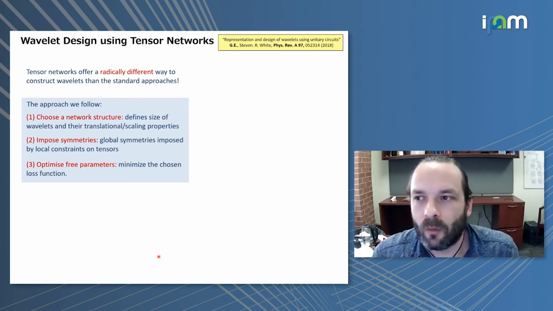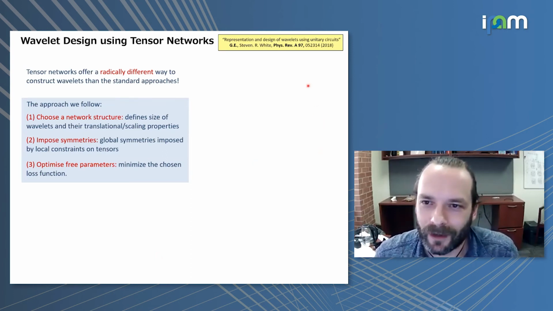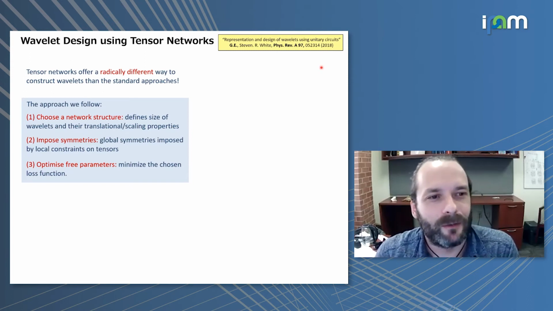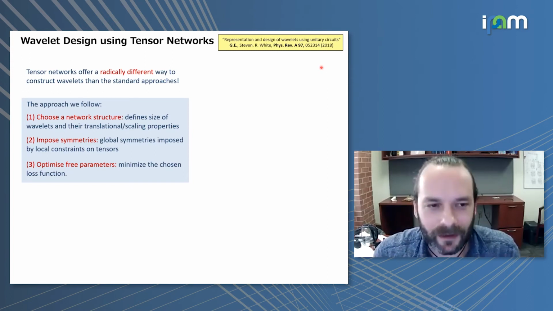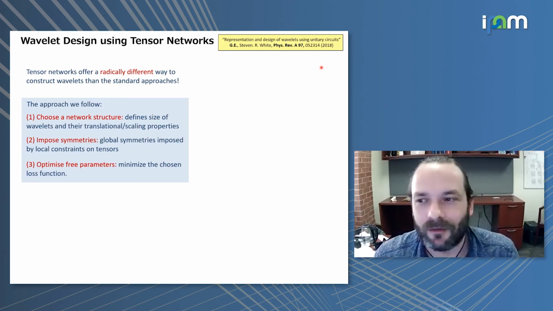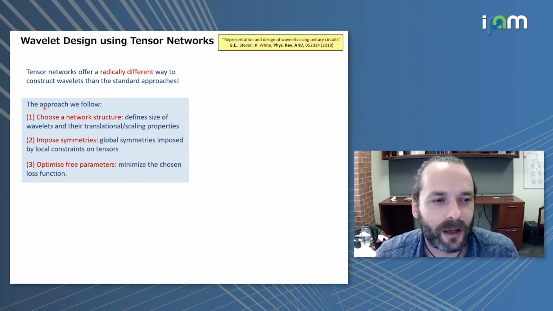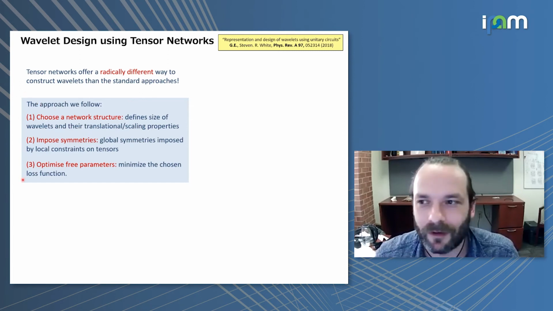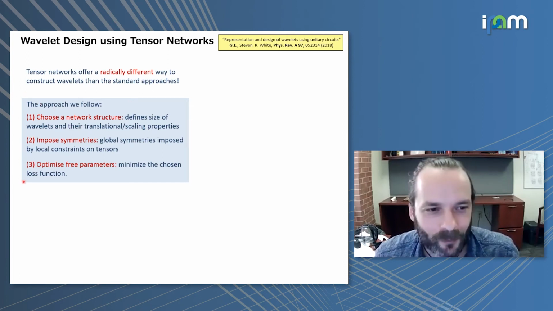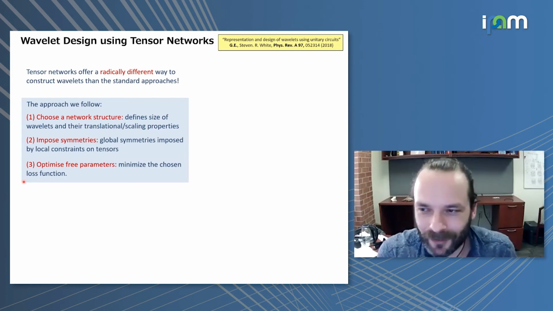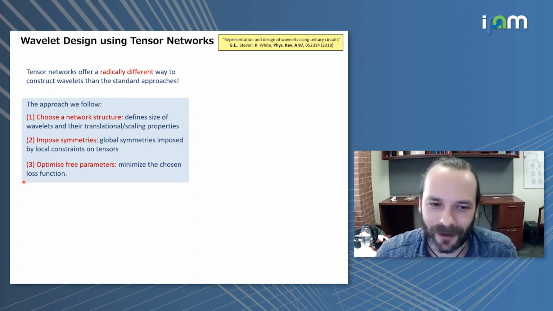Okay, so what we're going to do, and again, this is some work with Steve from some years ago, we're going to use our tensor network skills, our methods, to try and construct new wavelets. And we're going to follow the same approach we use when applying tensor networks to a quantum system. So you first think about the geometry of your network.